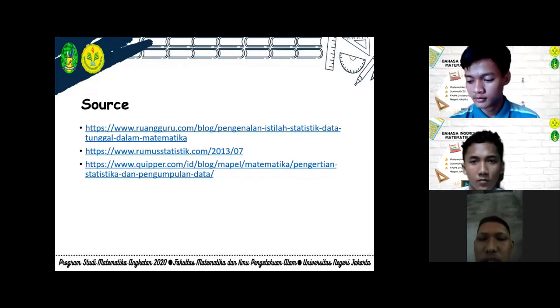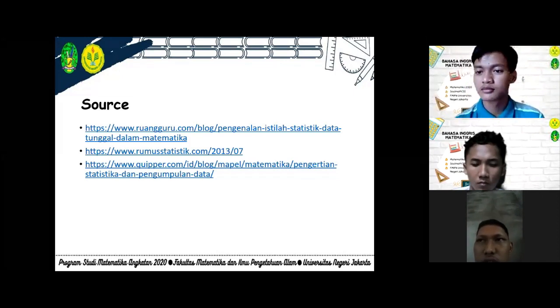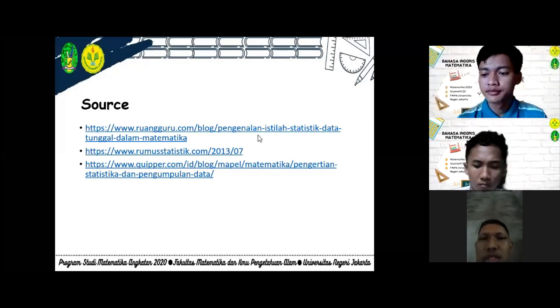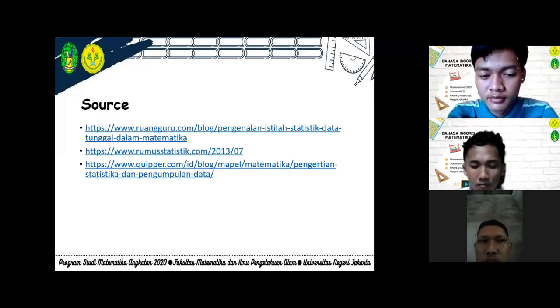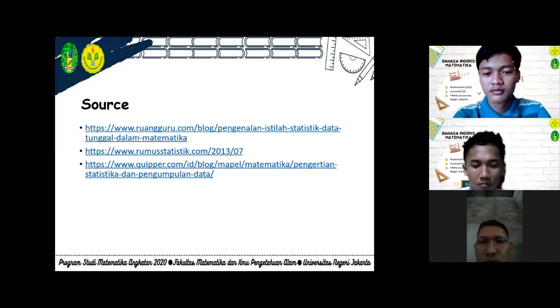We have three data each, but for the first the average is 2, and the value is the middle of the data. But for the second data, 1, 2, 87, we have an average of 30. The value of the average is outside of the data. Maybe in statistics concept, you can explain about the average here. Thank you.